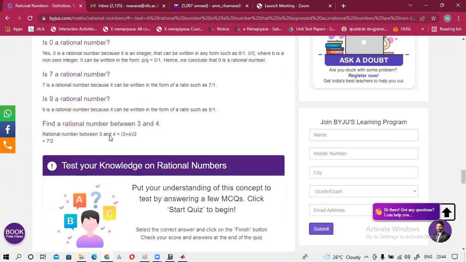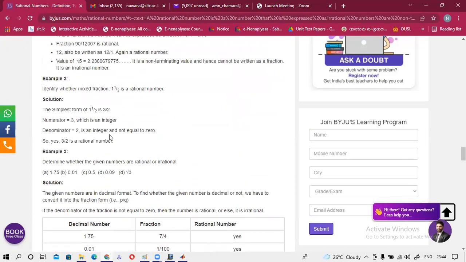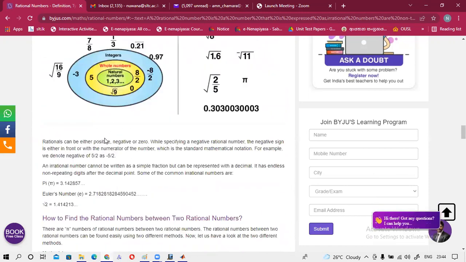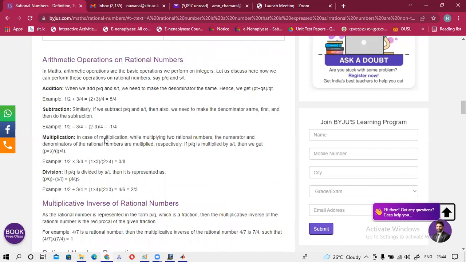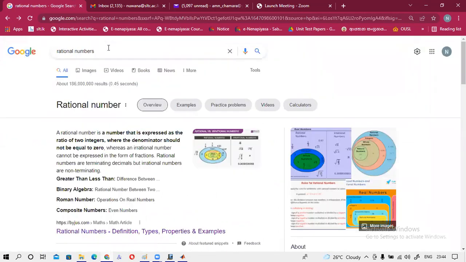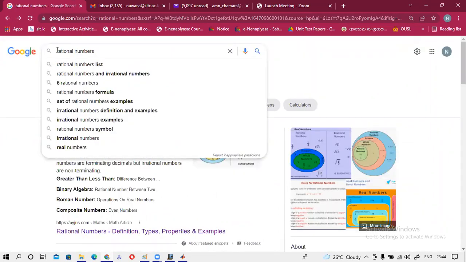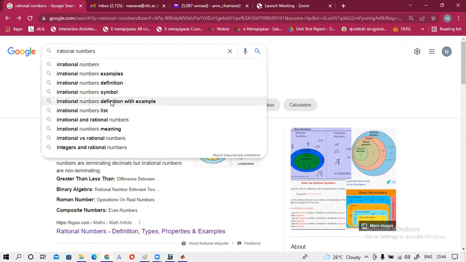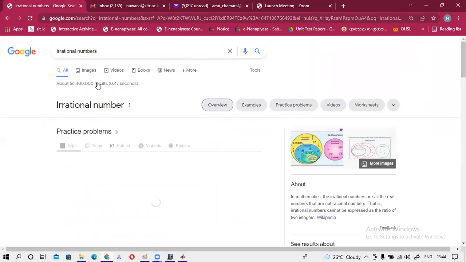The opposite is the irrational number. Let's find the irrational numbers. I think you should already be able to answer the question. Irrational numbers are numbers we cannot write as a ratio.